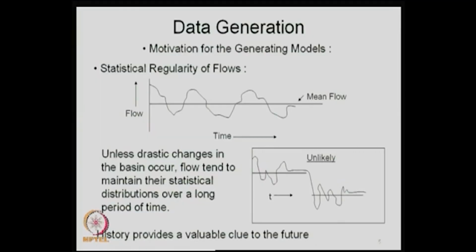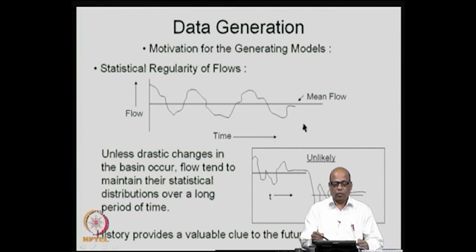The main principle behind the data generation that we use in hydrology is that there is a statistical regularity of the hydrologic processes, unless there are major changes that occur. For example, you look at the flows in a particular catchment. There is a statistical regularity of flows. If you look at the last 50 to 100 years, you may see certain statistical regularity of flows.